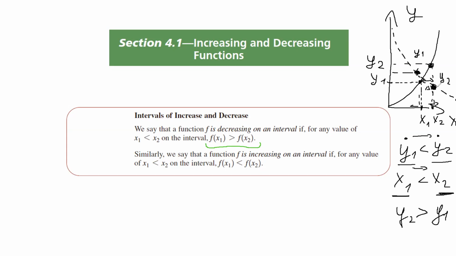Do you see this? If it's the other way around, y2 is less than y1, so my function is decreasing. That's what we're trying to highlight when saying a function is decreasing or increasing on an interval, because it basically gives us the shape of the curve, the direction.